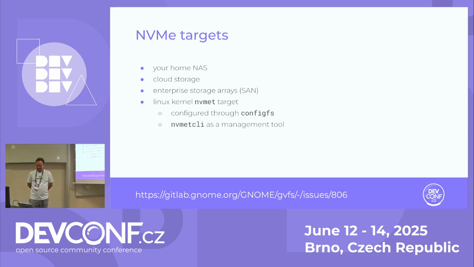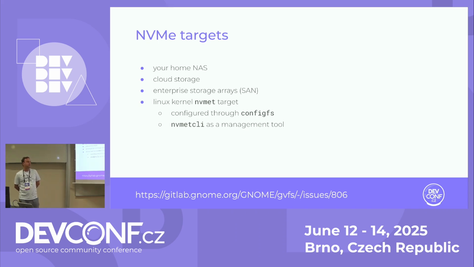But we'll see. Another possibility is cloud storage. Once you rent a space somewhere, they can export the block device over NVMe over TCP over the internet. Enterprise storage arrays, it's been in place for some years already.